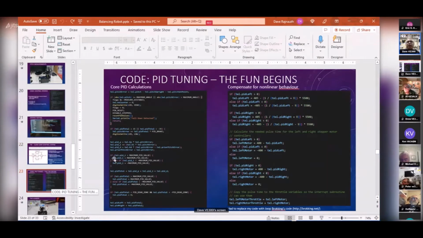And here's how I integrated the PID. This is not the original code I used, and you'll see the original code I used working.